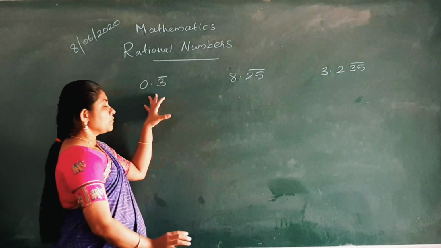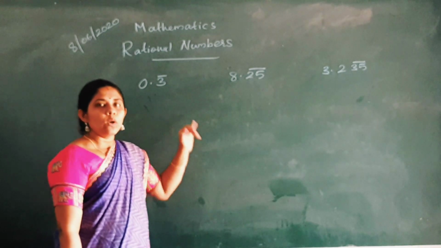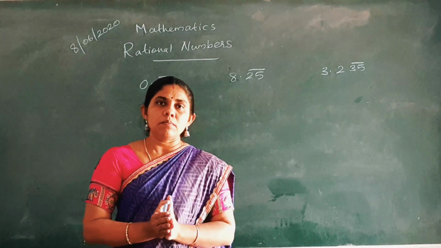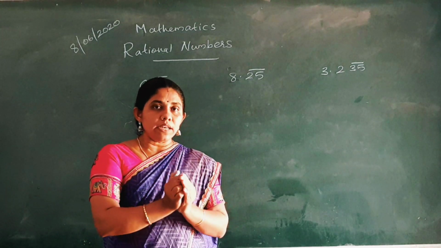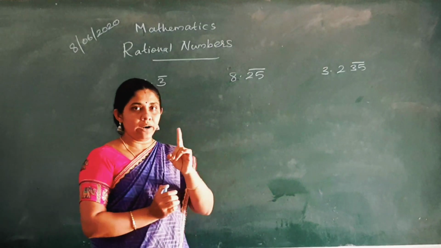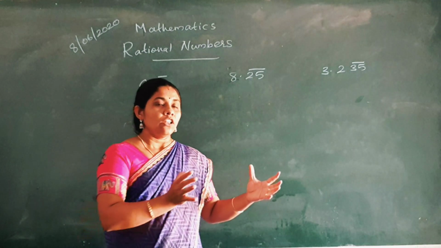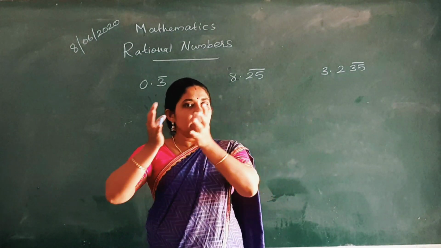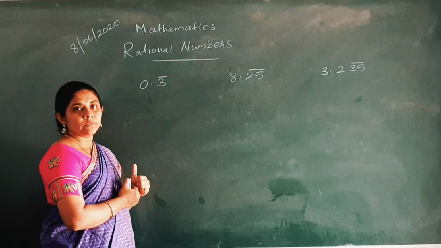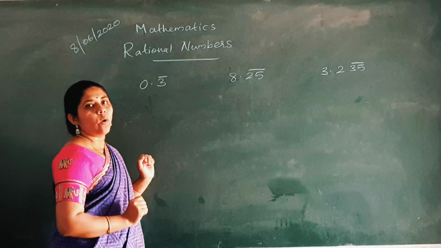Here, 3 is repeating. After the point, only one number is repeating. In the first step, we take all the numbers after the point. How many numbers are there? Only one number.